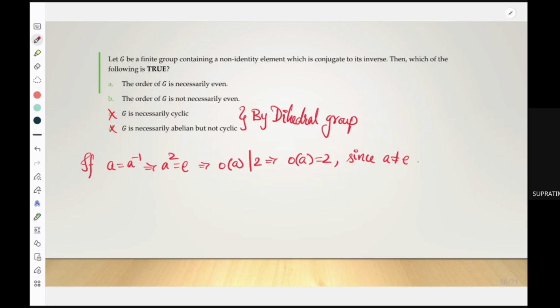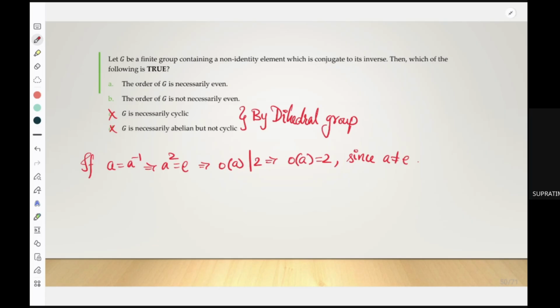Sir, I could not get how this option is cancelled. If A is equal to A inverse, then the order is 2, that is clear, but how is it related? If A is A inverse, an element is conjugate to itself, right? Yes, because if A equals A inverse, conjugate means there exists a G such that G A G inverse is equal to A inverse.